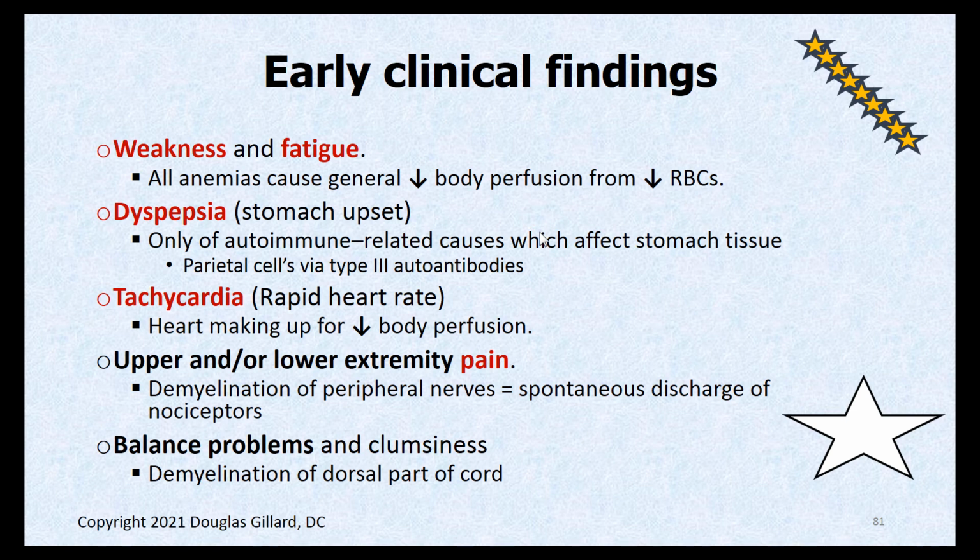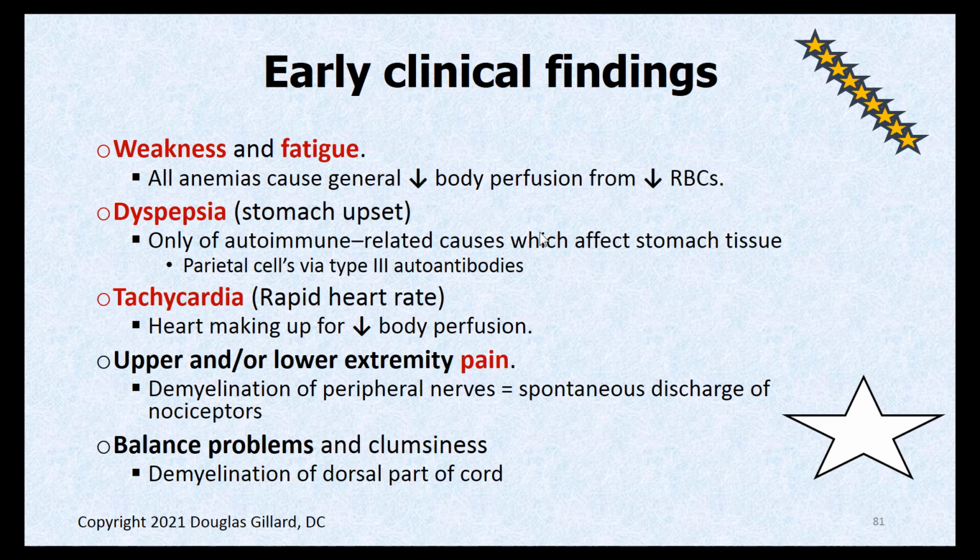They may have dyspepsia as well if it's type 3 autoantibodies involved, if there's attack against the parietal cells or against the fundic gland or against the hydrogen-potassium pumps, however deep you want to make that question. That'll inflame the stomach as well, so they get stomach upset, which is dyspepsia.